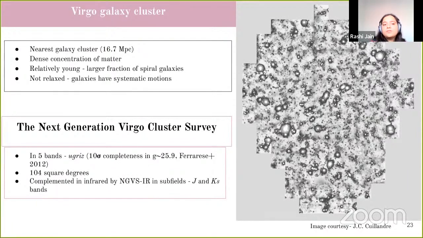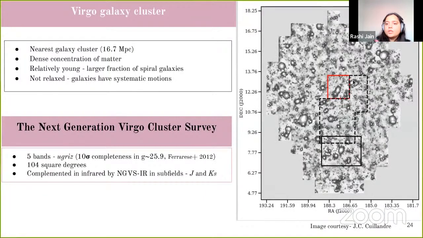And in this study, we have used the data from the Next Generation Virgo Cluster Survey, which covers 104 square degrees around the center of the cluster. It provides optical data in 5 bands, U, G, R, I, and Z, and it is complemented in the infrared by NGVS-IR in J and K band, but it only covers a part of the field, which is shown here.